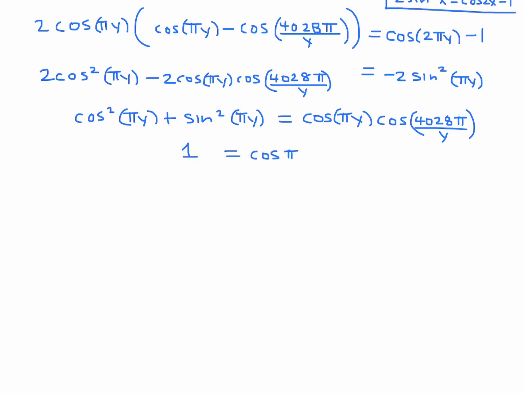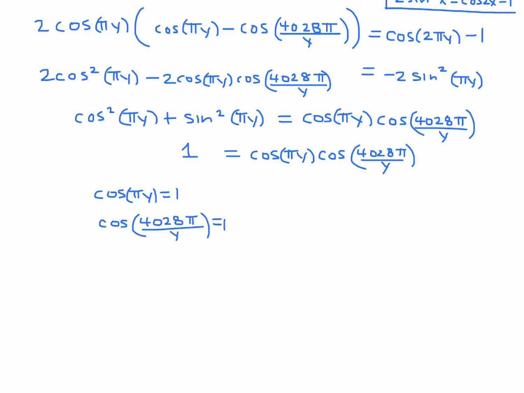Now, at this point, we have to start thinking about how we're going to proceed with this equation. Well, one solution is that cos pi y is equal to 1, and the cos of 4028 pi over y is also equal to 1. If both of these are 1, then this would work, and I think this is sufficient.